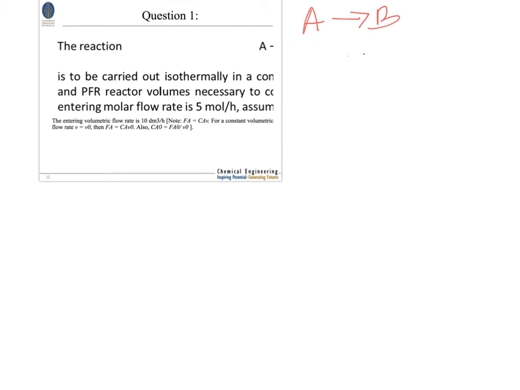Your task is to calculate the reactor volume required for both PFR and CSTR.